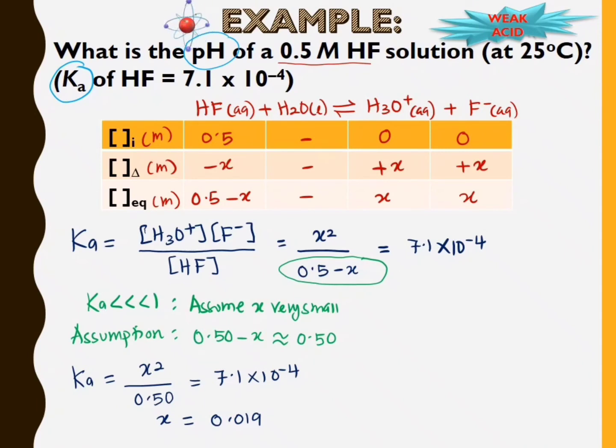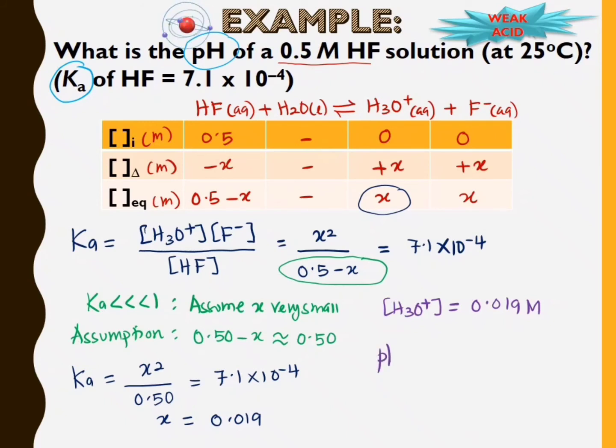So X actually refer kat siapa? Tengok balik dalam table. X adalah refer kepada concentration H3O+. So kita dah dapat concentration H3O+ adalah 0.019 molar. Okay, but this is not what we want.